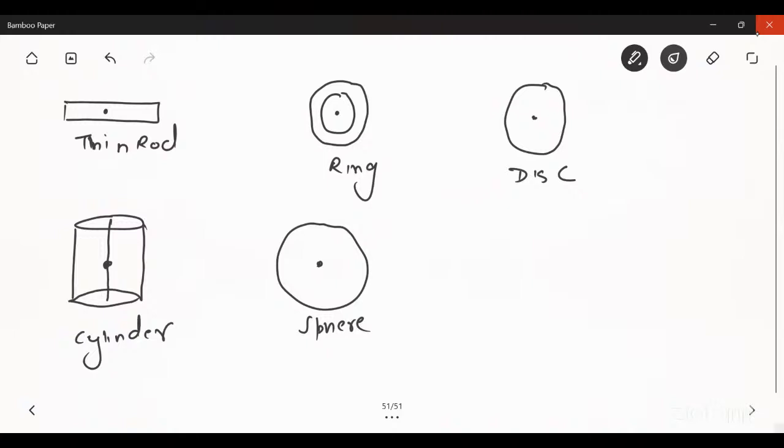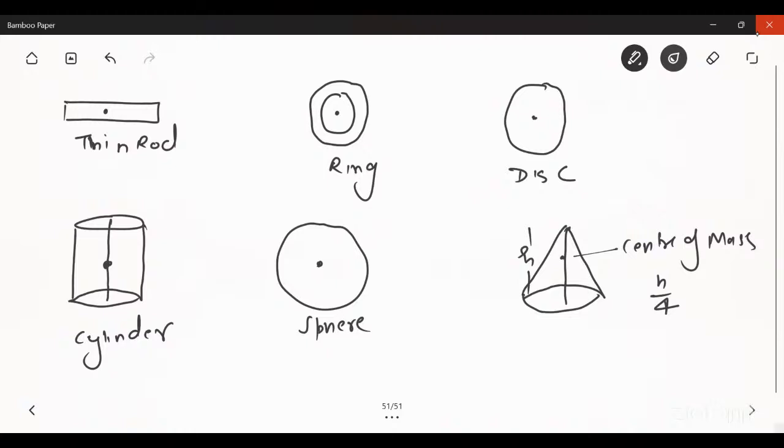But now in the case of a cone, the center of gravity and center of mass do not coincide with each other, because the center of mass is at h by 4 height from its base, where h is the height of the cone.